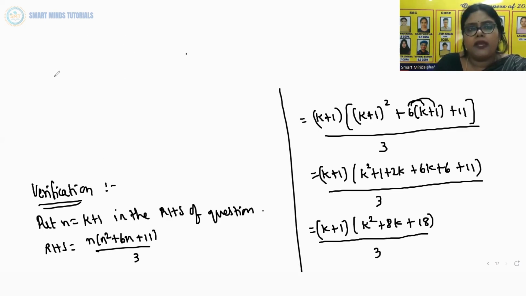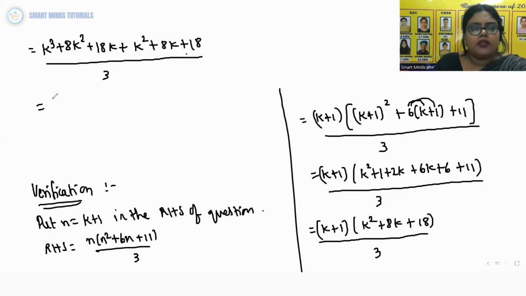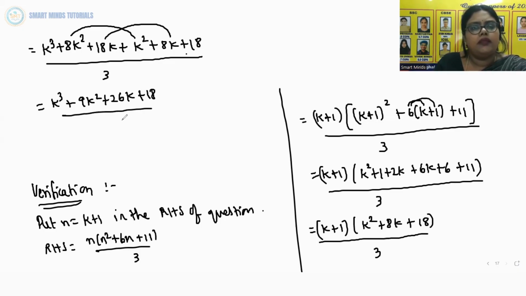Now we need to multiply those two brackets. So first multiply k with the second bracket, then multiply 1 with the second bracket. So that is k³ + 8k² + 18k + k² + 8k + 18 divided by 3. So that is k³ plus 8k² plus k² is 9k², 18k plus 8k is 26k, plus 18 by 3.